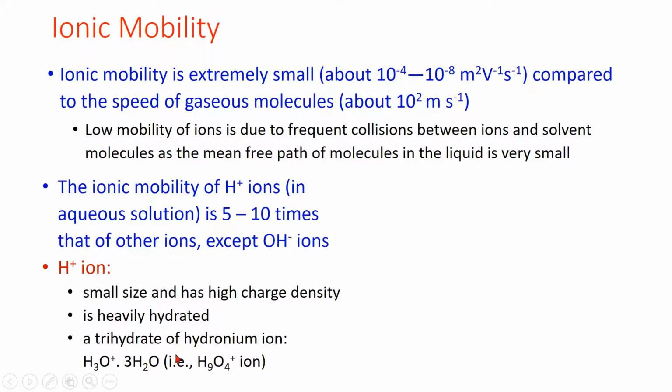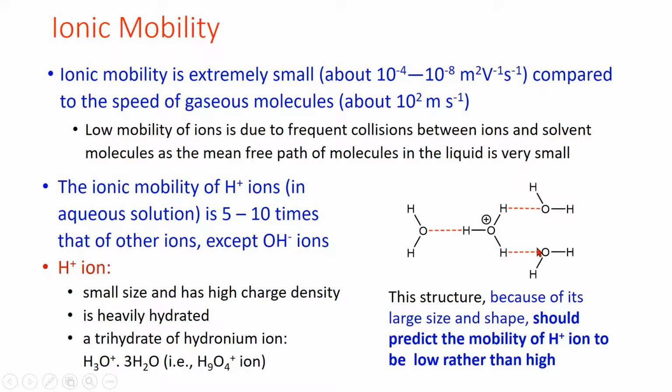A trihydrate of hydronium ion is shown. This structure, because of the large size and shape, should predict the mobility of proton to be low rather than high.